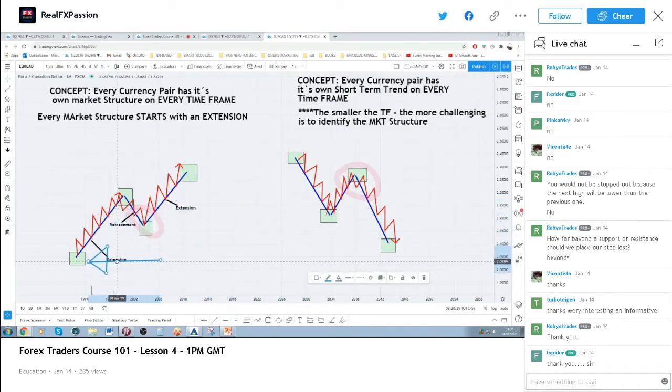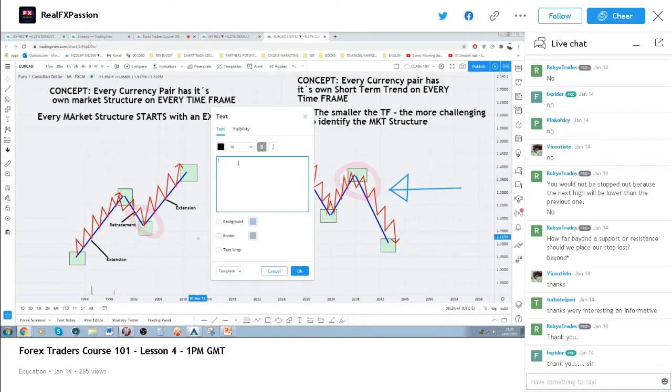So vocabulary: relevant low, relevant high, relevant low, relevant high. Down structure: relevant high, relevant low. Now, this is not a concept anymore, it's a rule. Relevant highs and lows are the borders between extensions and retracements, meaning the borders between the short-term uptrends and short-term downtrends.